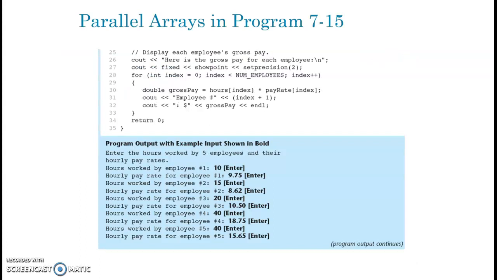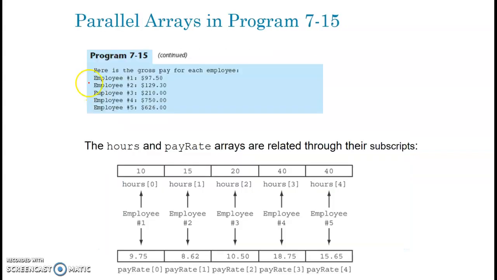Then here they process it in order to find gross pay. You can see they're multiplying the values from each of the arrays and then printing out their values. They entered hours worked by 5 employees. They entered a 10, pay rate of $9.75, 15, and then 8.62, 20, 10, 50, and so on. Then it printed out by multiplying the two elements together from the arrays.